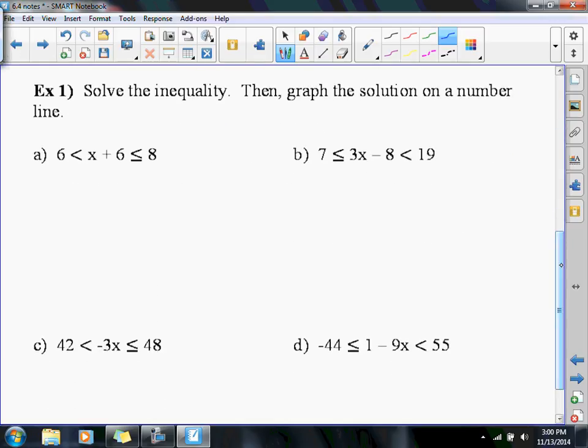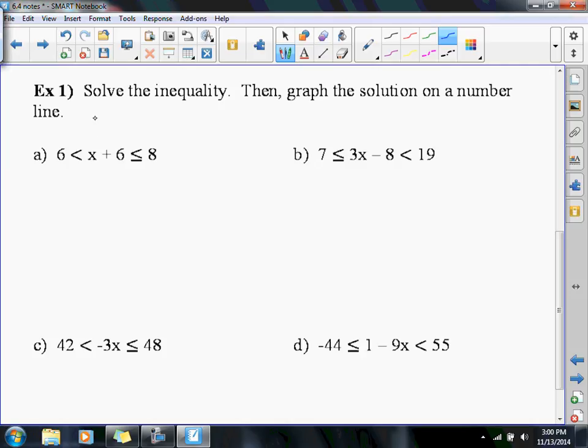Okay, so for example 1 here, these are the only 4 examples we have. We're going to solve these inequalities and then graph them on the number line. So for part A, we can tell that it's an "and" compound inequality because it's all smushed together here.